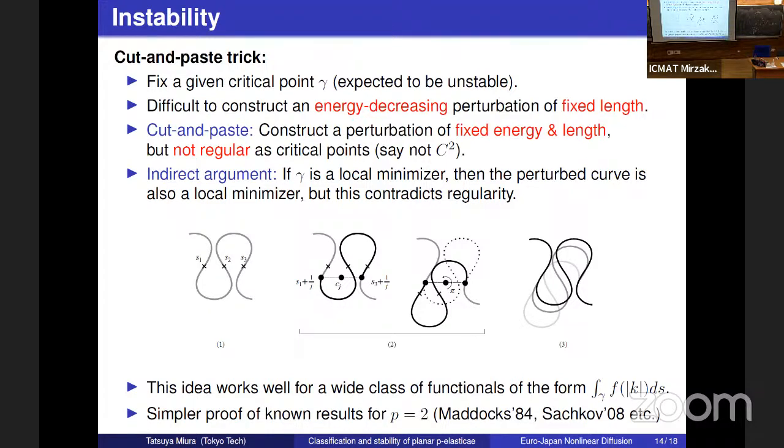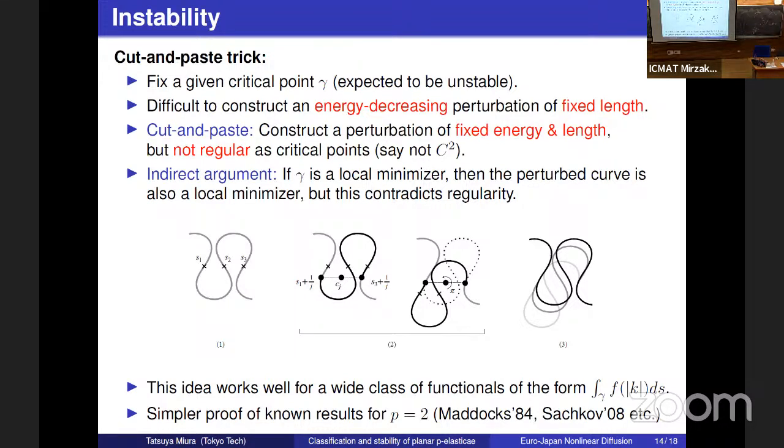Maybe the regularity. If p goes to infinity, it's clear that the minimizer is a circular arc. But if p goes to 1, then it is a little bit complicated. But maybe still, I think our formula can be used to obtain the unique minimizer, for example, in this context, or the limit. We can detect the limit.